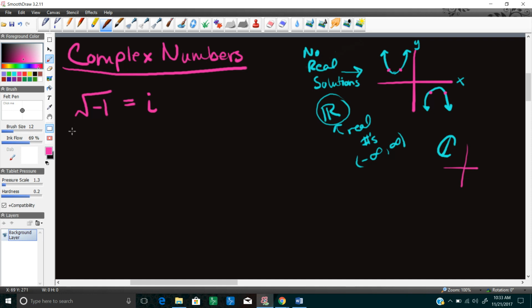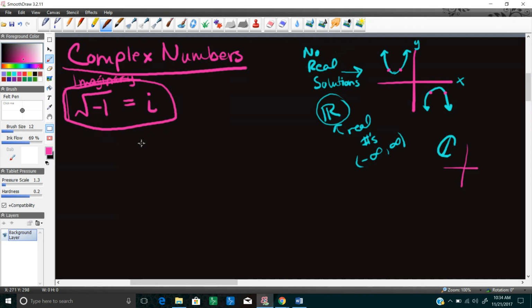Complex numbers, also known as imaginary numbers, are denoted with an i, i for imaginary. And there is this little formula that we use for them that looks like this.